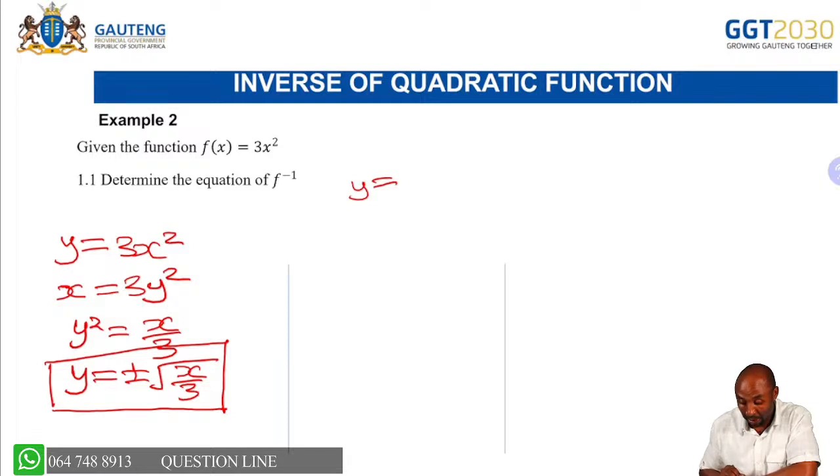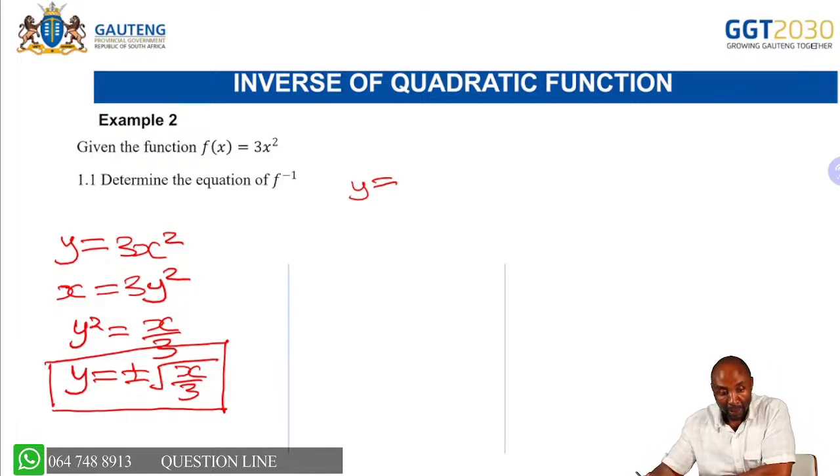Restrictions are important, but for the purposes of illustration, we will just use this one, and then you will see as we move along how we use these restrictions. So there you'll get your 2 marks: interchanging x and y, the first mark, and writing it as plus or minus the square root of x over 3 there.